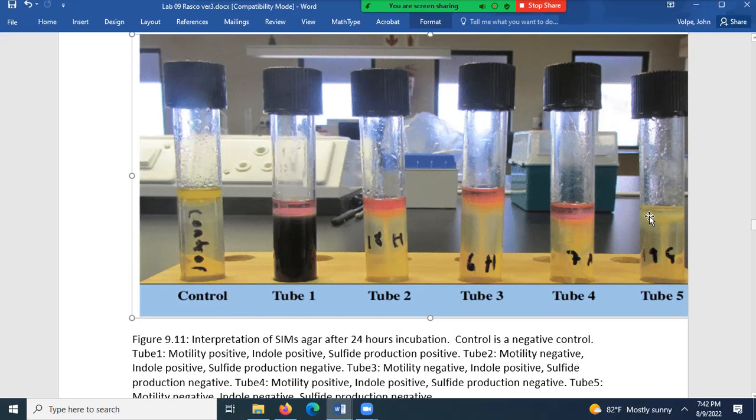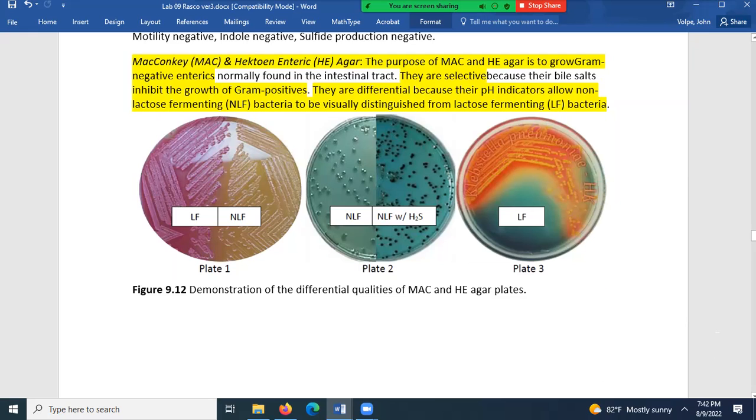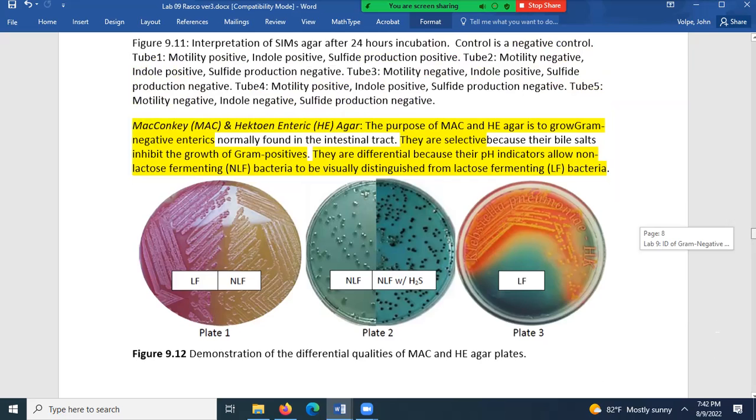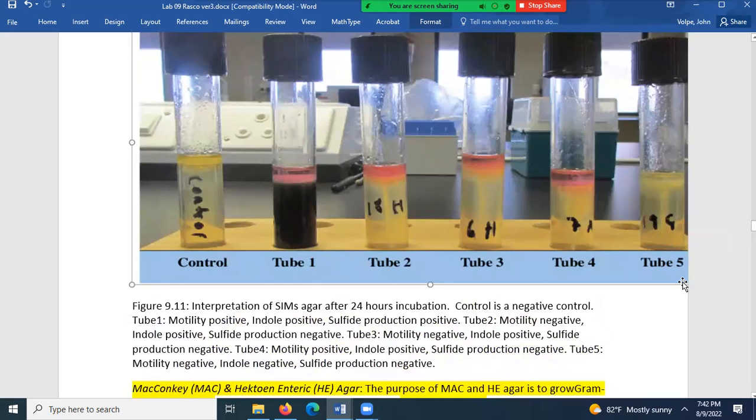And then the final thing, you look and see if the bottom of the tube is black. If it is, hydrogen sulfide is produced. In tube 1, we have hydrogen sulfide being produced. All right, any questions about the sulfide indole motility test or the SIM test?